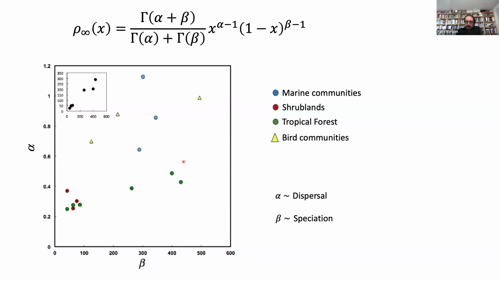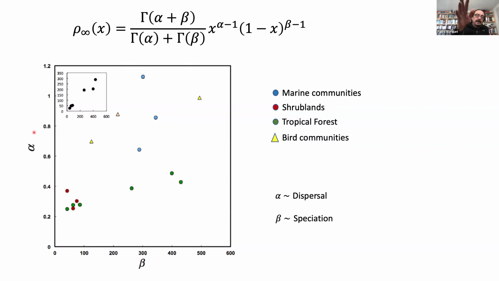This is work we have been doing, trying to test the biology behind alpha and beta in real metacommunities now. Unfortunately, I'm not going to be able to show you that, but so, where we are now.